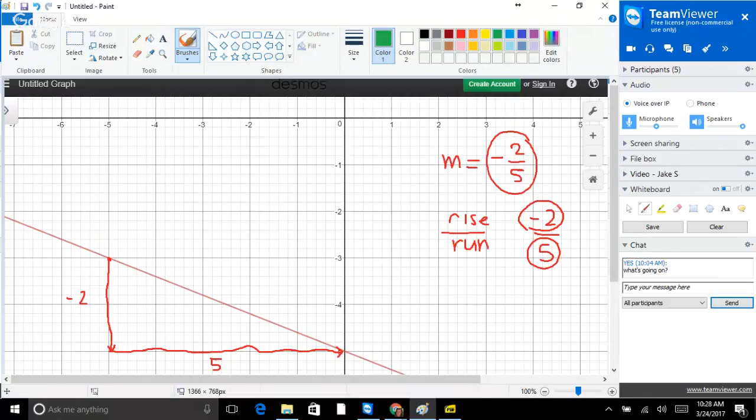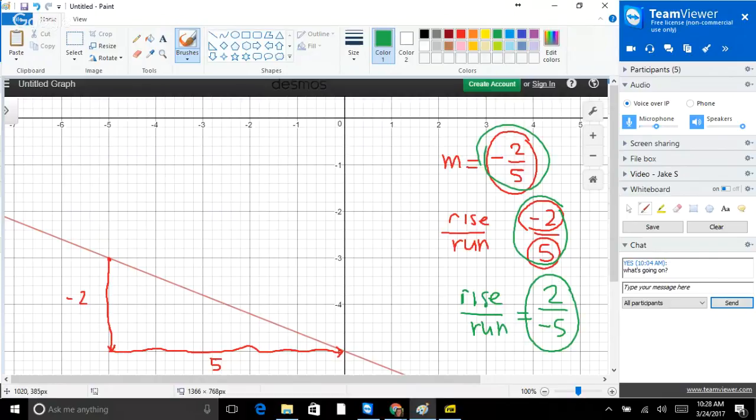What if instead of picking my negative sign to go with the 2, I made it go with the 5? So instead of my rise over run, I said it was 2 over negative 5. Negative 2 over 5 or 2 over negative 5, all of these mean the same thing, right?